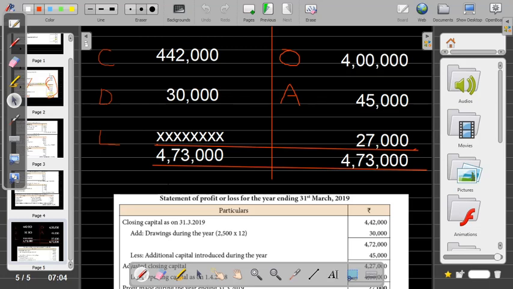CODAL. Okay. Now here they have given you this particular amount, closing capital as on 31/3/19 is 4 lakh 42,000. Here we have this. Okay, then drawings is 30,000. Here you have this drawings. Okay, then you have loss, then they have the loss amount, nothing, no loss.